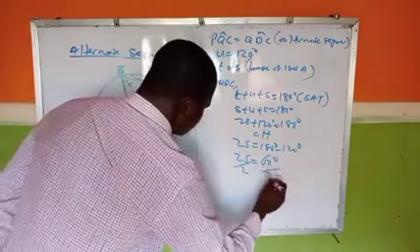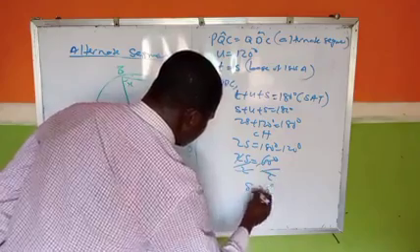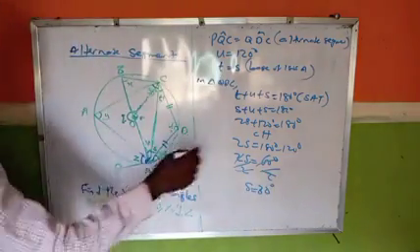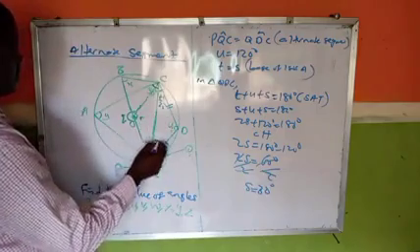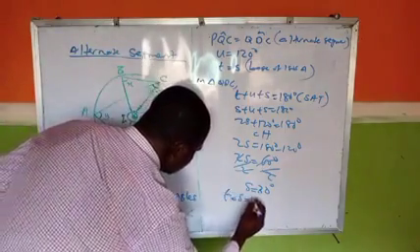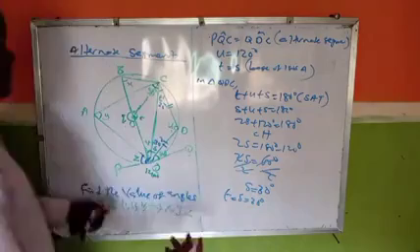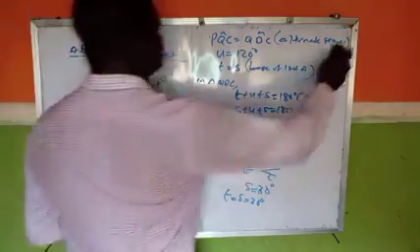You divide both sides by 2, that's 30 degrees. Therefore, T is 30 degrees, X is 30 degrees. So you are through with 3 out of the 10.